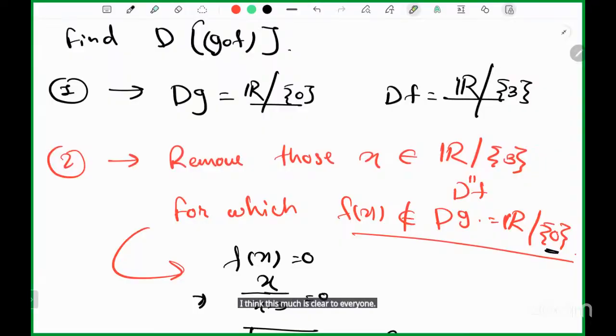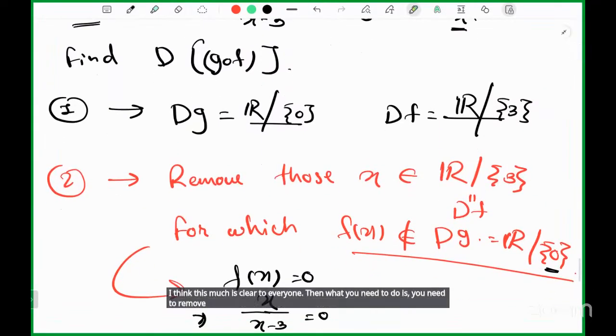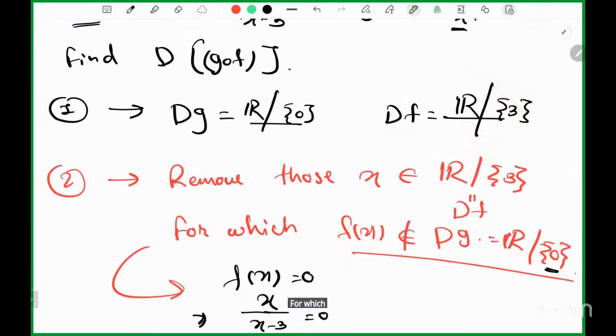Then you need to remove those points from the domain of f for which the value f of x is not in the domain of G. But what values are not in the domain of G? The domain of G is real number minus 0.